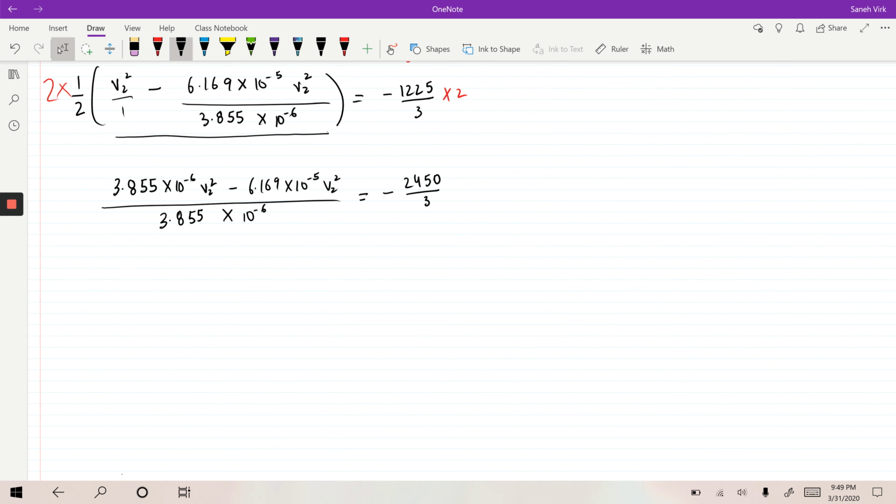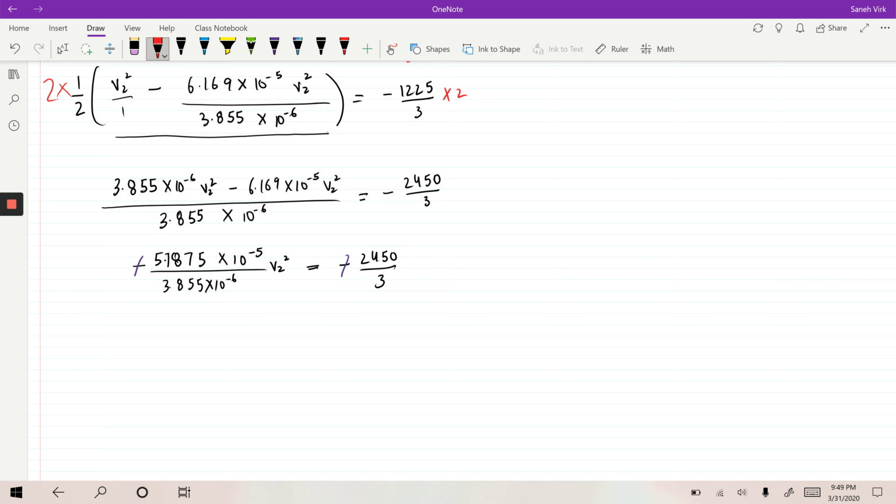After solving the fraction on the left hand side, we get 5.7875 times 10 to the negative 5 divided by 3.855 times 10 to the negative 6 V2 squared. There's a negative in front of it, negative 2450 over 3, and these negatives cancel out because they're on both sides.